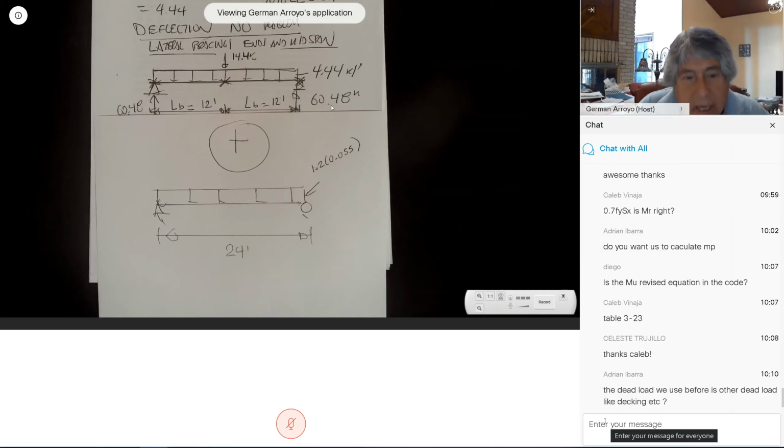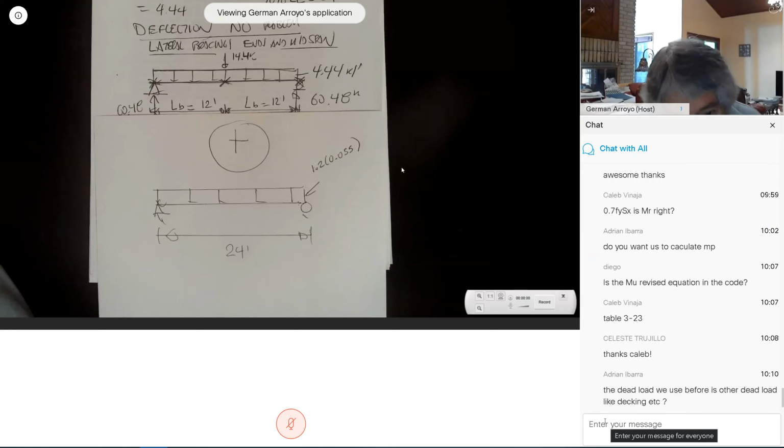Everything you want to get from the table. The dead load that was given before could be the weight of the roof, the weight of the floor, a whole bunch of things. Dead load. Nothing to do with the weight of the beam, because at this time we didn't know what section will work, right? So this is the problem that we had.